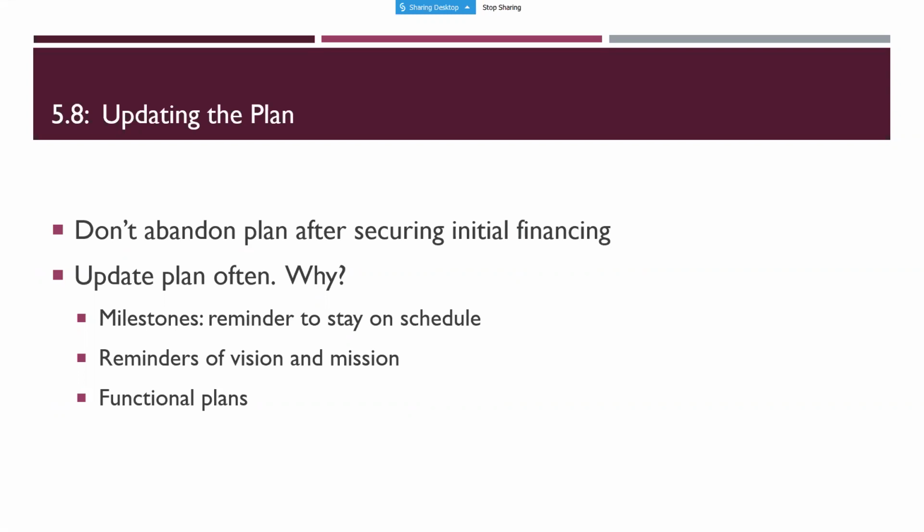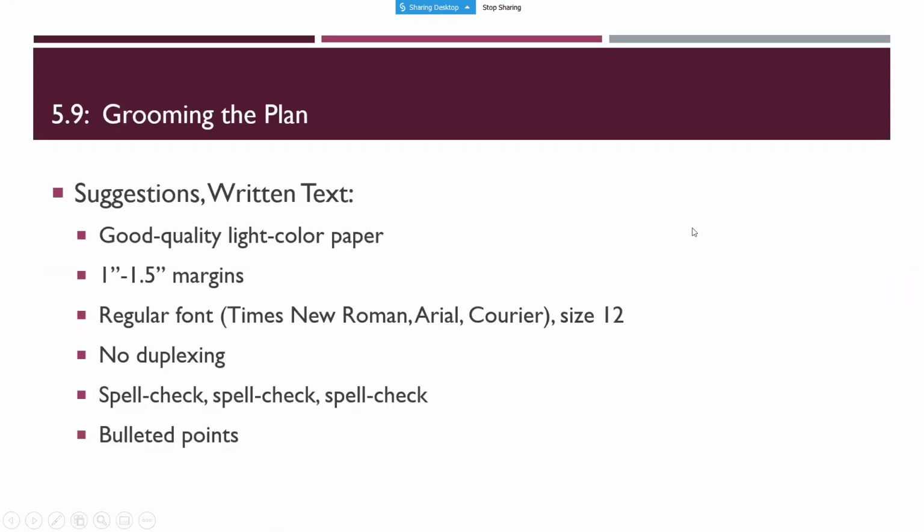Those are a reminder to stay on schedule. You've also got goals that were listed in the plan. Make sure we're being mindful of our goals, meeting those, and maybe even exceeding those. And if not, we need to adjust the estimate to something realistic.